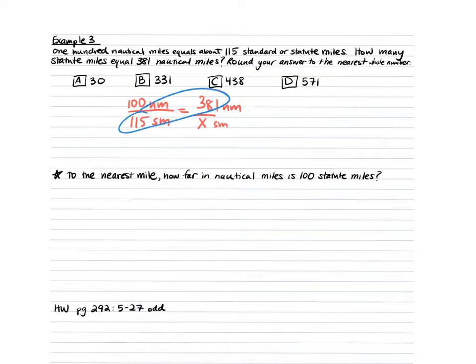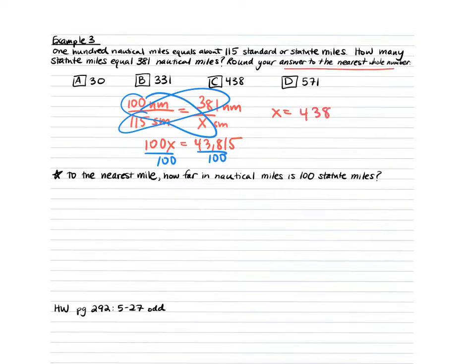Let's do our cross multiplication. This is 100x, and then 115 times 381 is 43,815. Then we're going to divide both sides by 100, and we get x equals, it says round your answer to the nearest whole number. So I'm getting on my calculator 438.15.